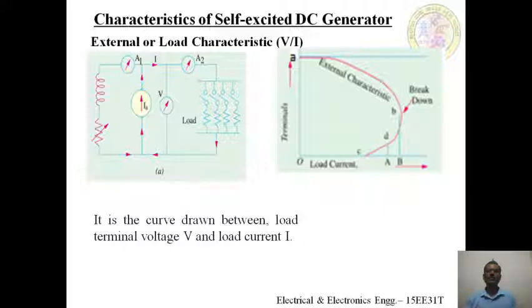After building up the voltage, keeping the field current IF constant with the help of this rheostat, gradually increase the load and note down the readings of load current and corresponding load terminal voltage. And if we plot the curve for various load currents, we obtain the curve as shown in the figure.